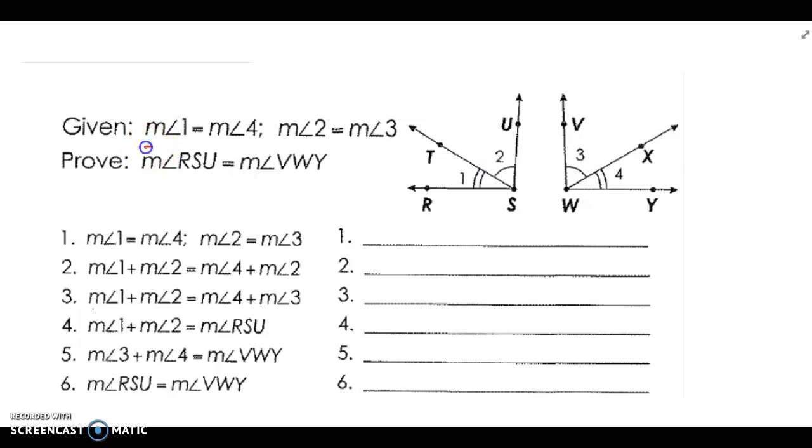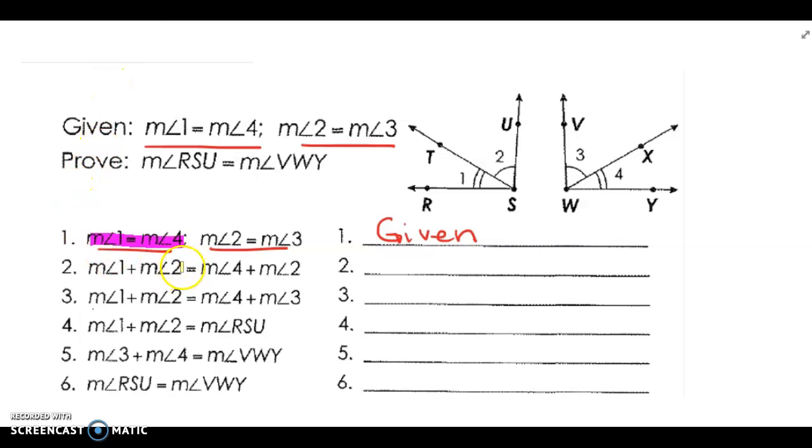All right, so measure of angle 1 equals measure of angle 4, and measure of angle 2 equals measure of angle 3. Well, those are right there and there. So surprise, surprise, first one is given. Okay, now notice, if I just take what's highlighted and compare that in line 2, how did it change?